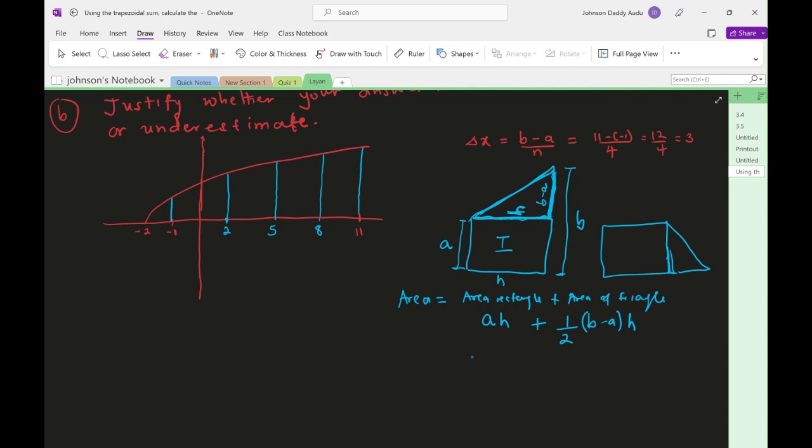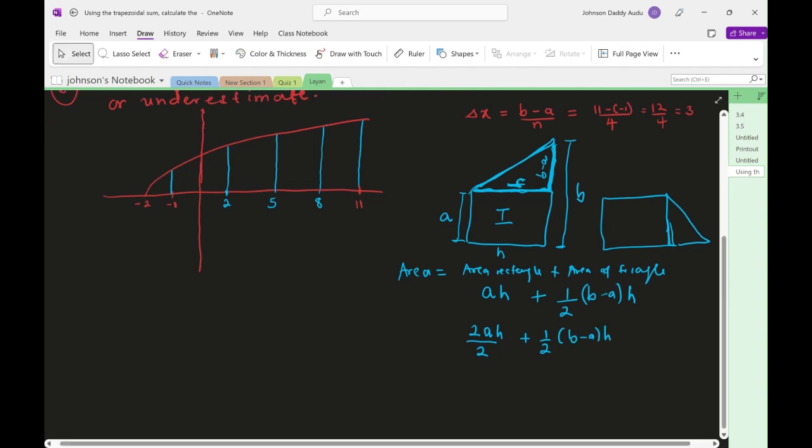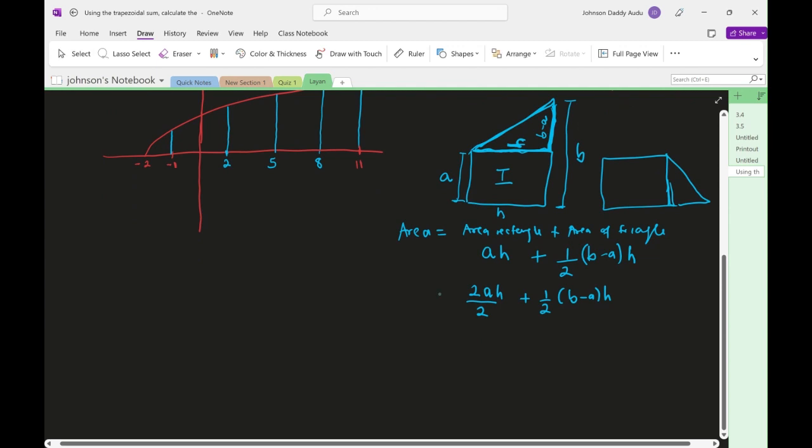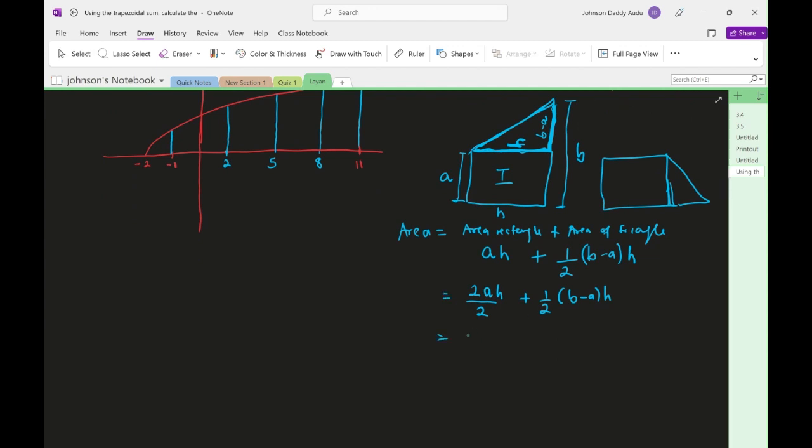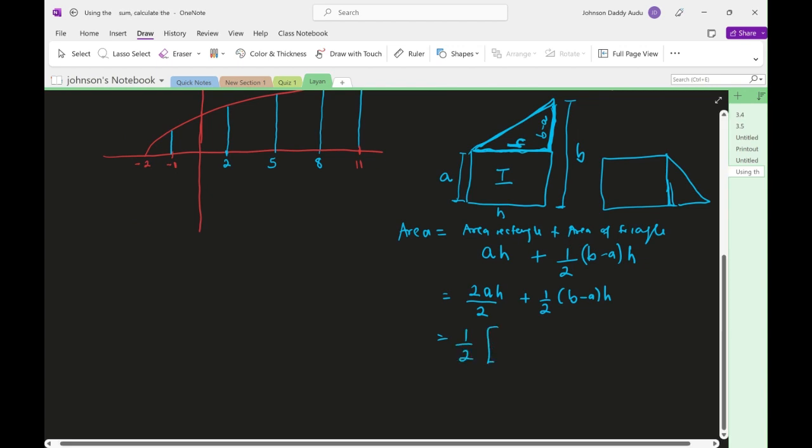So we have this. Now, this one we can rewrite as 2ah over 2 plus half b minus a times h. Okay? So we can take 1 over 2 out as a common factor.